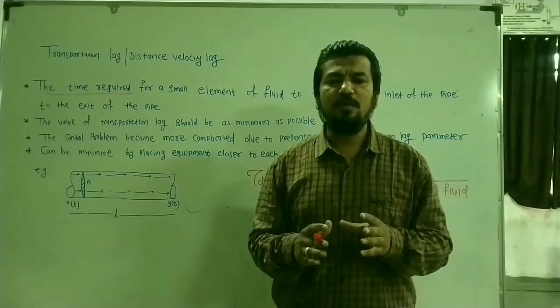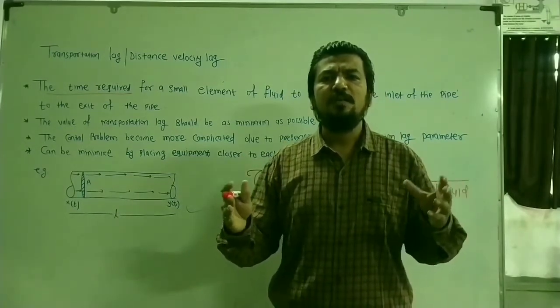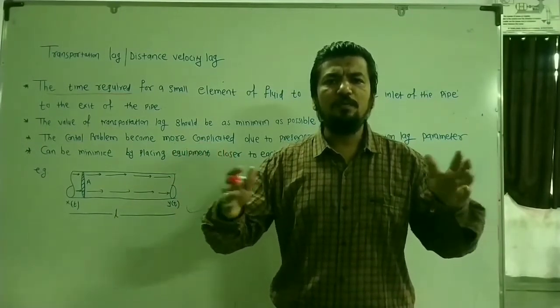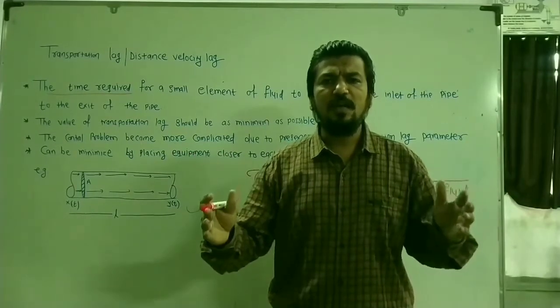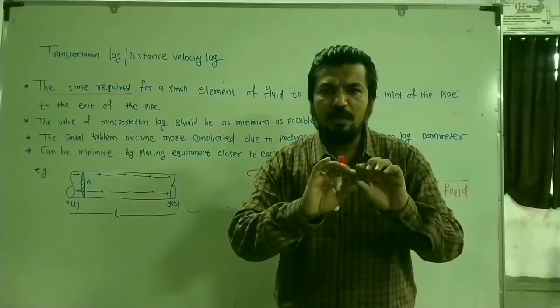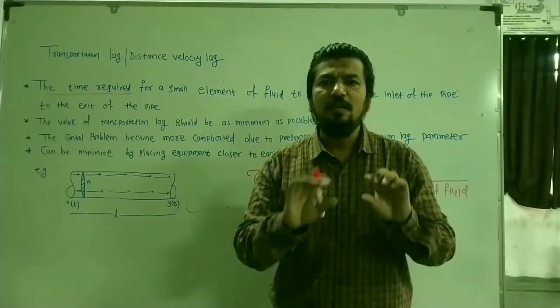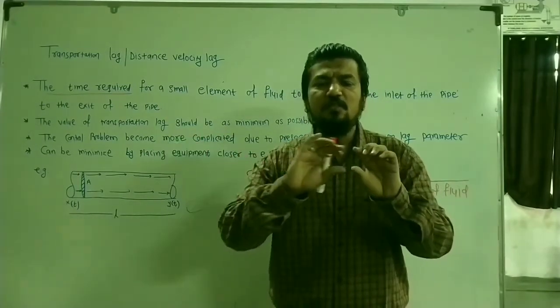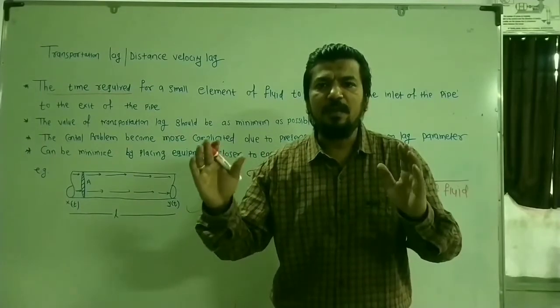And how can it be minimized? A simple thumb rule is to reduce the length, or you can say place your equipment very close to each other so that there is very little transportation lag parameter. If the length of the pipe is less, this means that the transportation lag parameter is less.